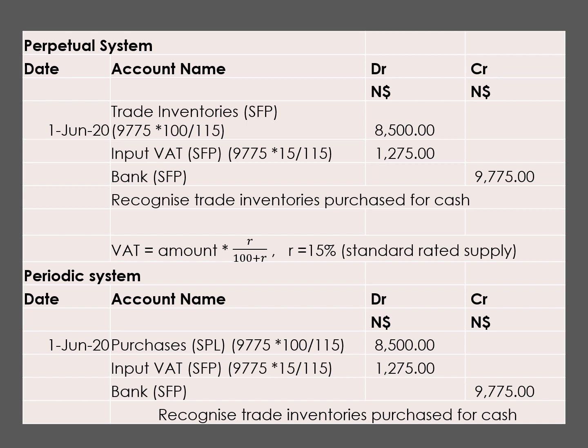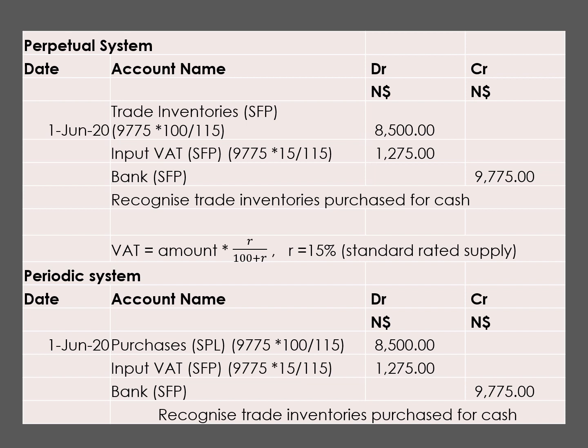After doing the calculations, we can then record the journal entry. Since we're dealing with the perpetual system, we debit trade inventories with 8,500 as inventories are assets.